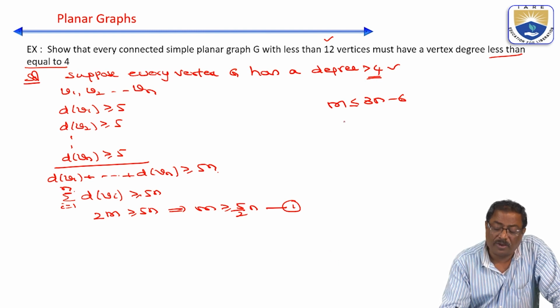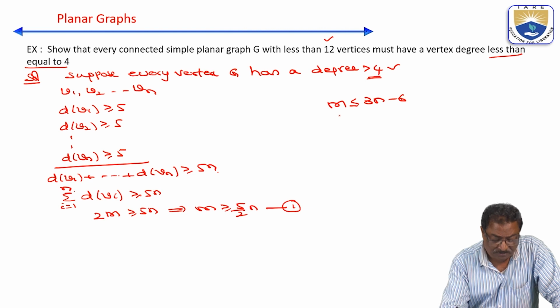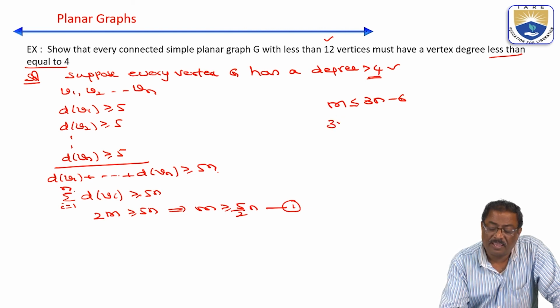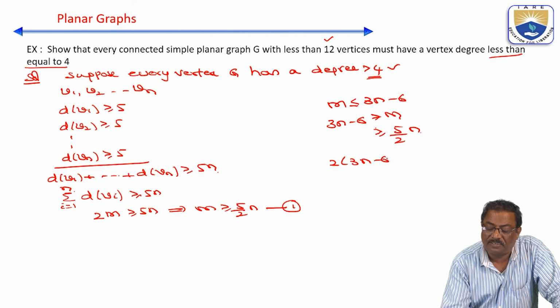Now we are going to verify. 3n minus 6 is greater than or equal to m. And by equation 1, m is greater than or equal to 5n by 2. So 2 into 3n minus 6 is greater than or equal to 5n.